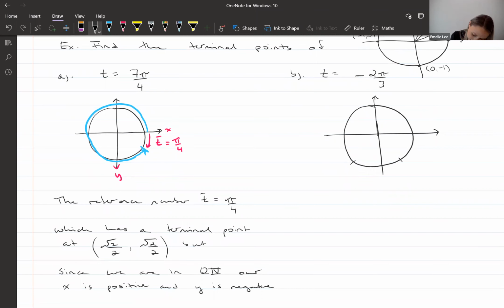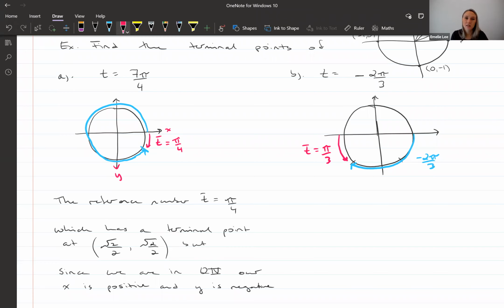I'm missing a distance of 1/3 to complete this negative 2 pi over 3. From the closest x-axis, that's the negative x-axis in this case, we're going down a distance of pi over 3.